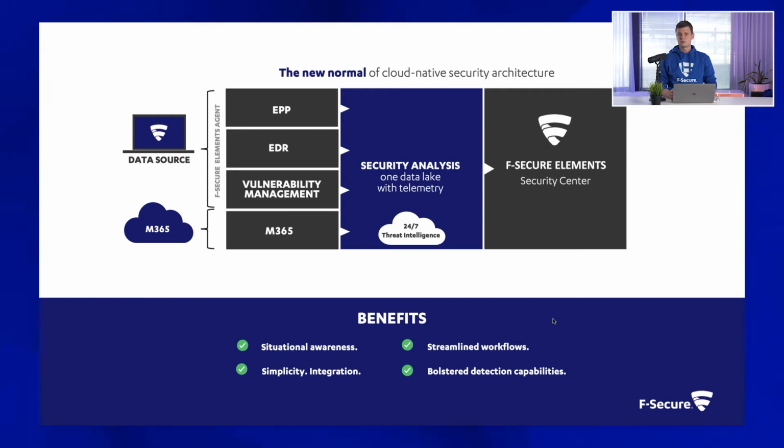So it's not just that you are focusing on EPP detections. You can combine the data. We can build you different kinds of dashboards and reports, and of course it's much more streamlined and much faster to work with. And if you need to deliver or integrate that data somewhere else, it's much easier as well. So situational awareness is one of the best things in Elements. It's happening on the agent side, it's happening in the platform, and this is F-Secure Elements.